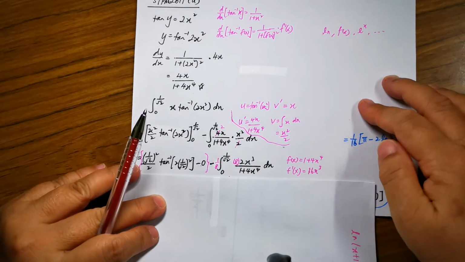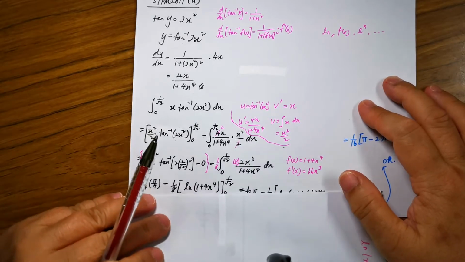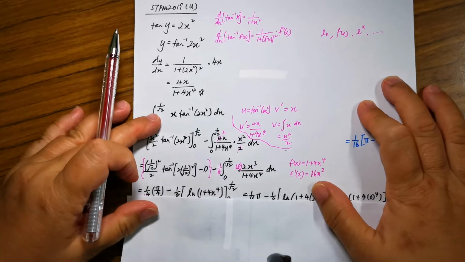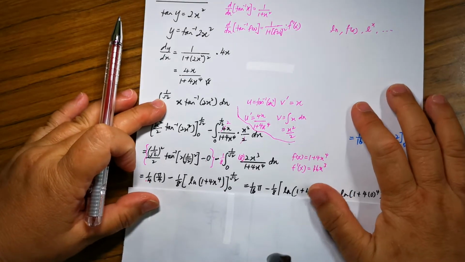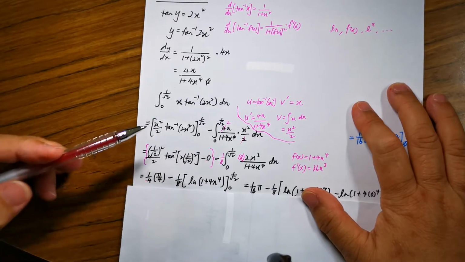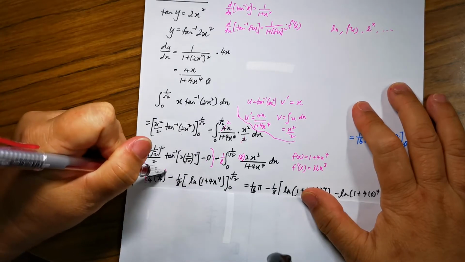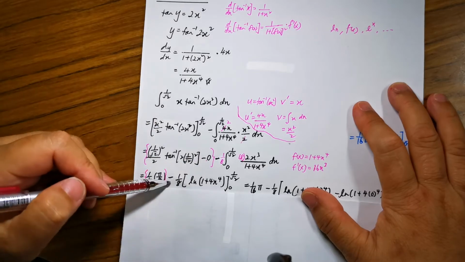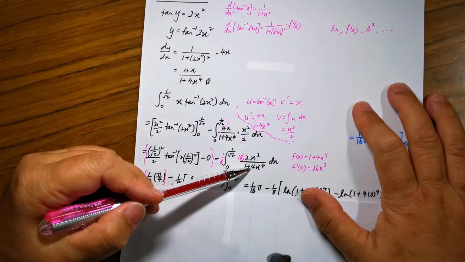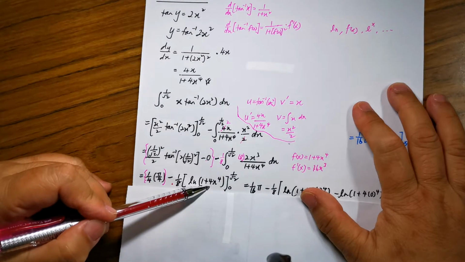And to integrate f prime x over fx, the formula is ln fx. This one just now we discussed already. So 1 over 8 put outside. So integrate f prime x over fx is ln fx.